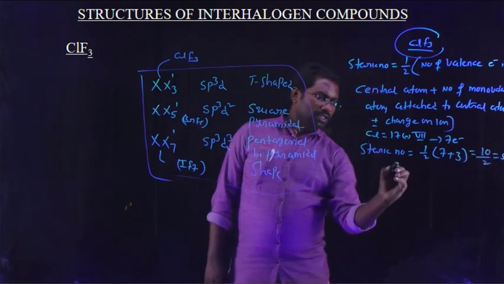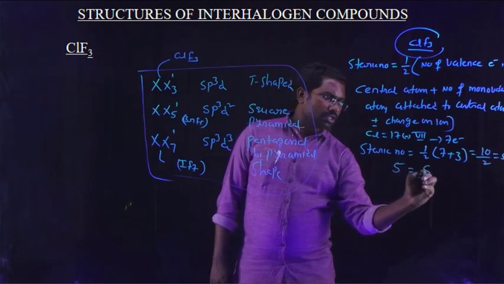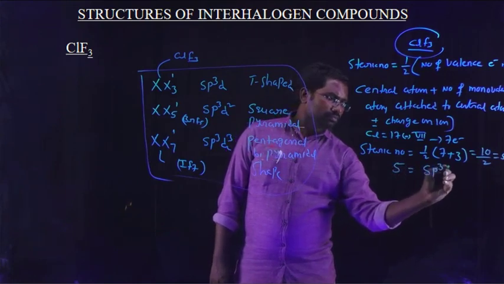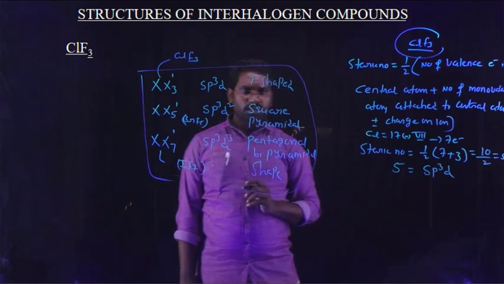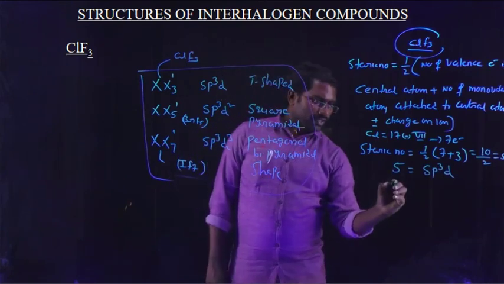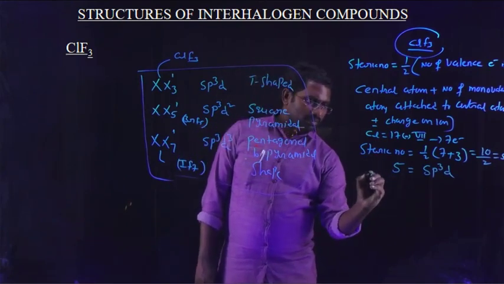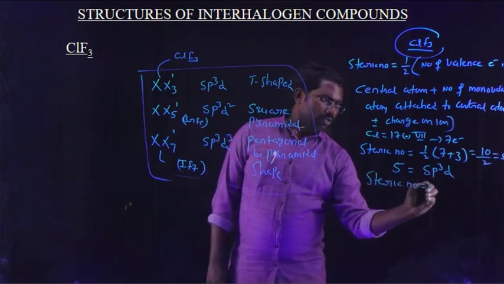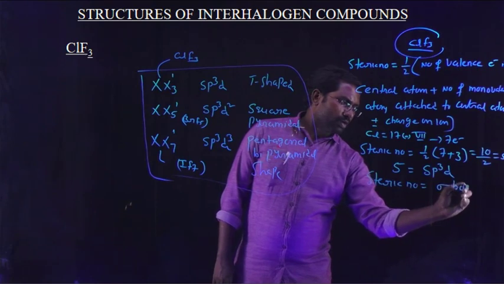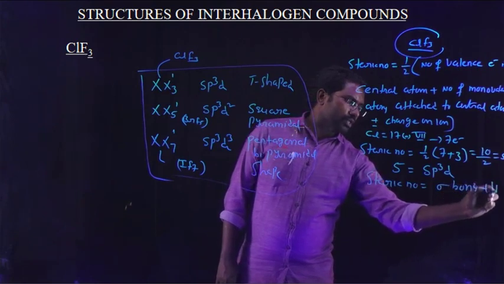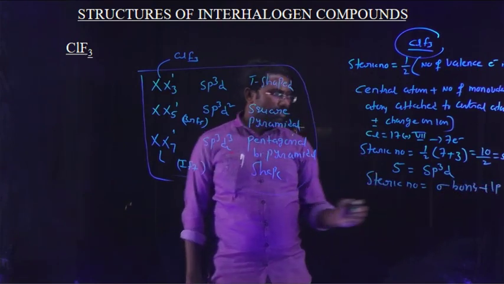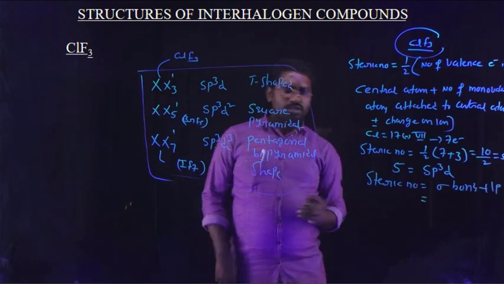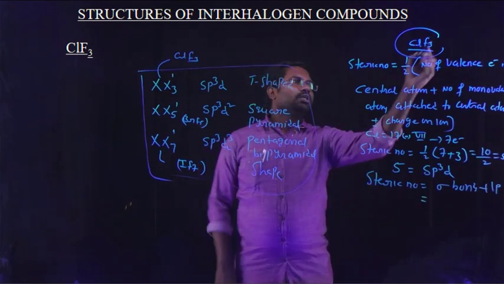Therefore, if the steric number is 5, the hybridization is sp3d. After knowing the steric number, the steric number is equal to number of sigma bonds plus lone pairs. How many sigma bonds are present in ClF3?